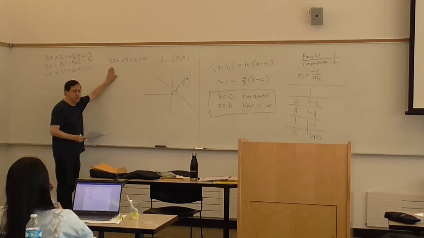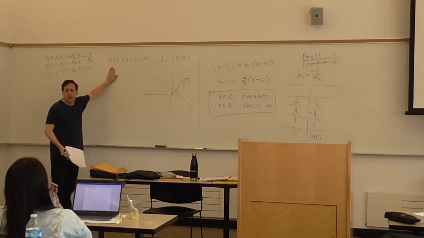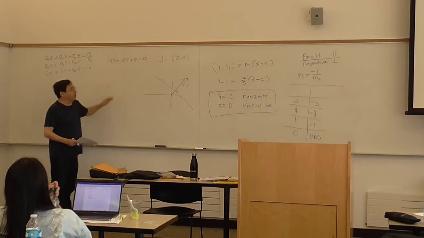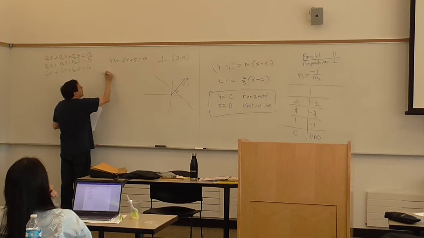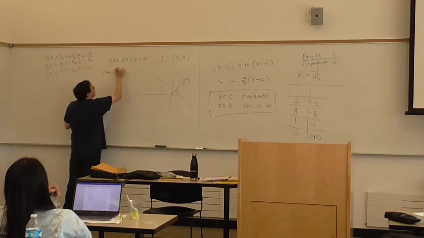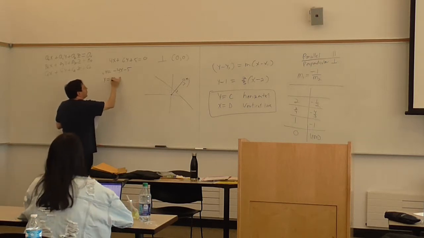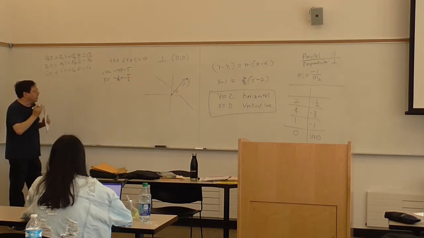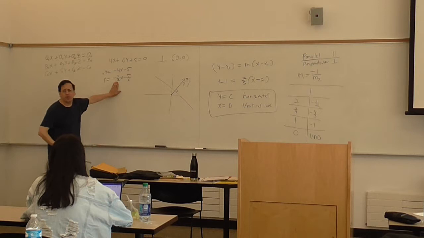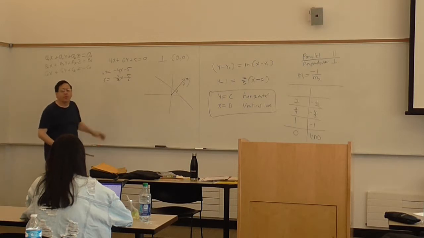Okay, the first thing to do, we want to know the slope of this, so we want to put it into slope-intercept form. So let's solve for y. 6y equals negative 4x minus 5. y equals negative 4/6 or negative 2/3 x minus 5/6. Okay, what is the negative reciprocal of minus 2/3? 3/2. Right?